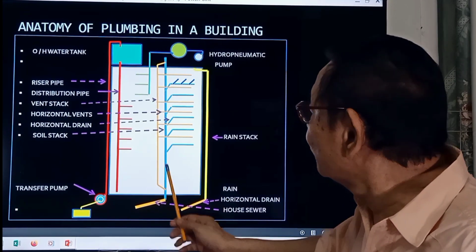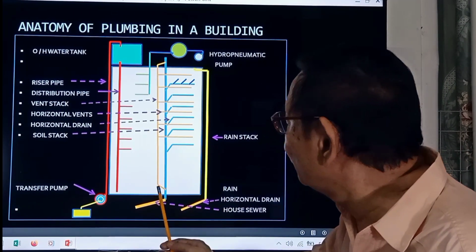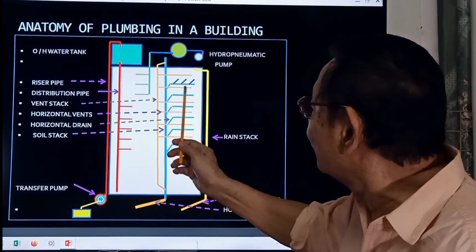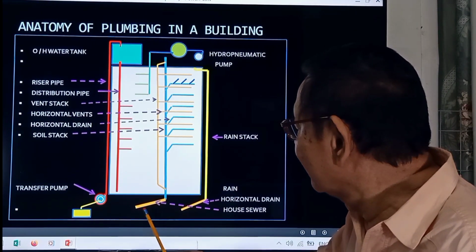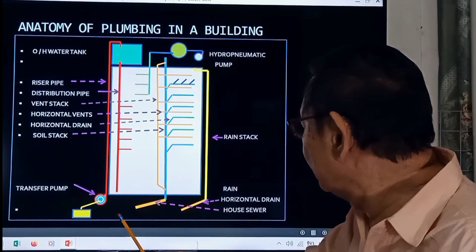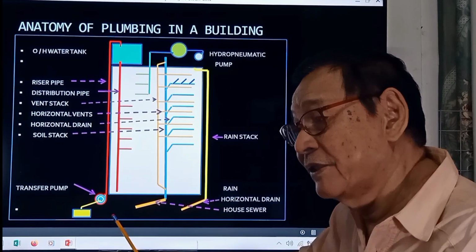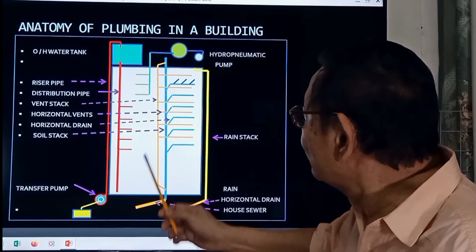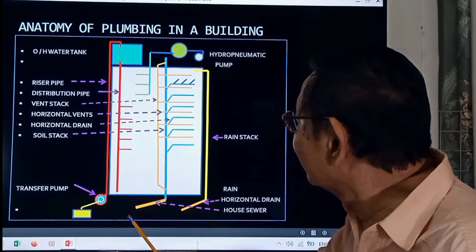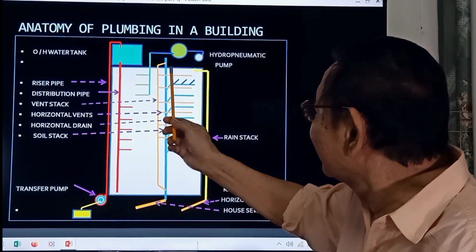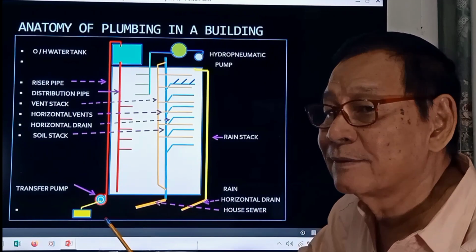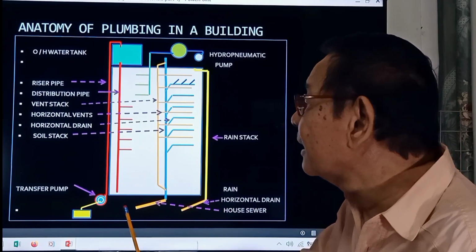The sewer pipe or the sewer stack is responsible for collecting all waste down, going to the house sewer or to the STP. So, they are all responsible to collect and discharge to the sewer stack. We will design correspondingly the sewer stack also.